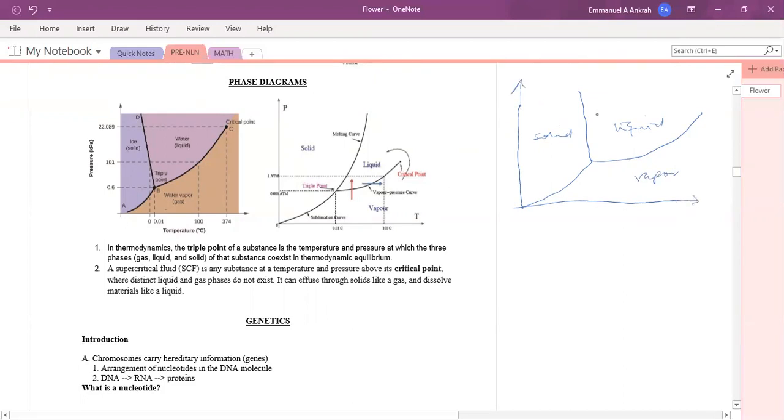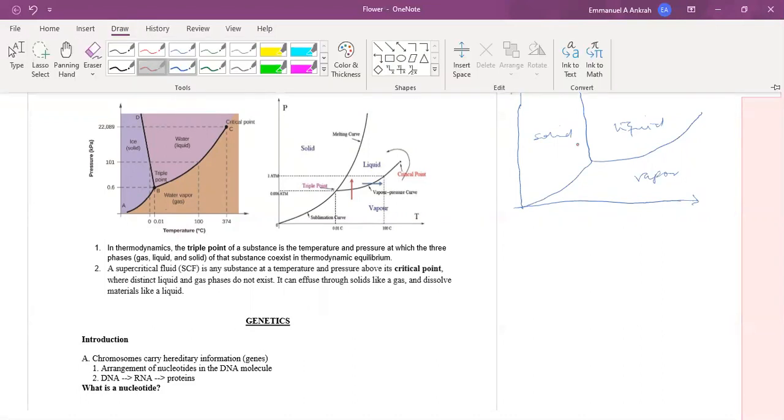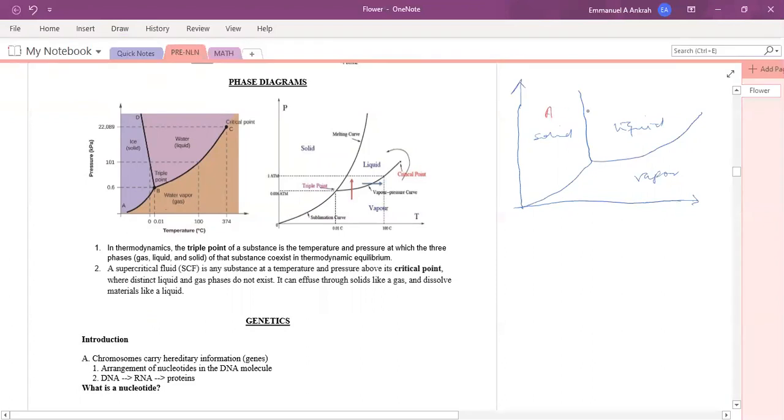Now the question that they can ask you, usually they'll draw, let's say A to B, and then probably C to D, and vice versa. Maybe E to F. Something like this.